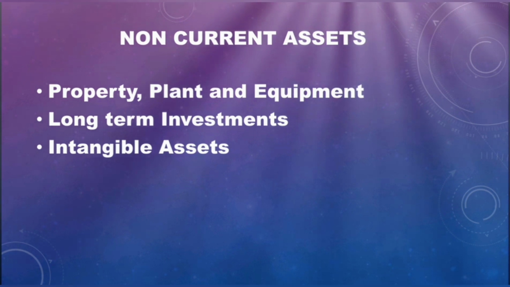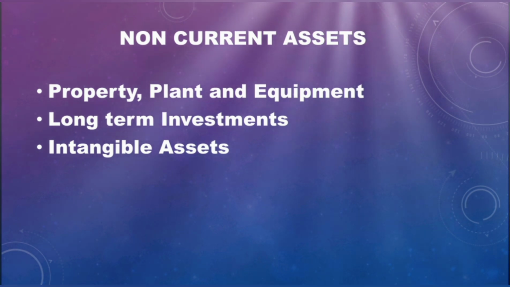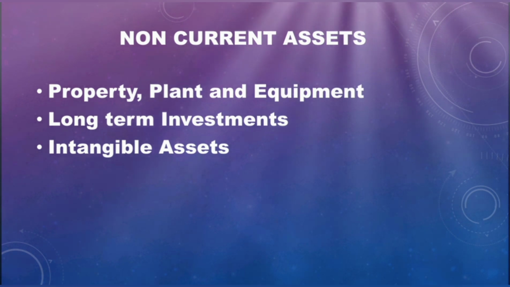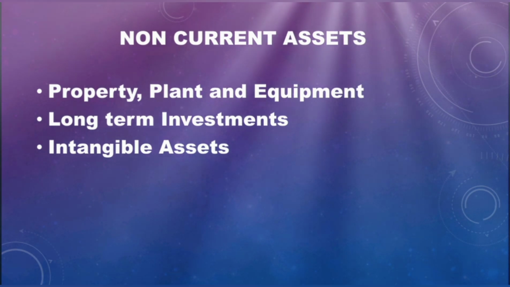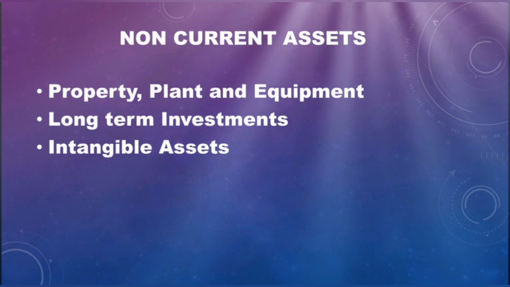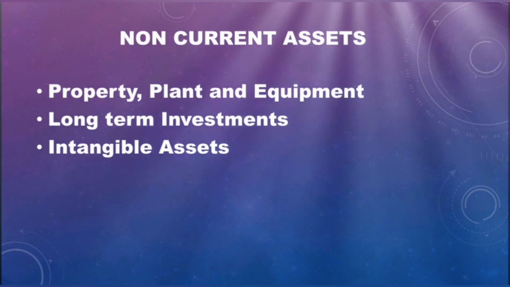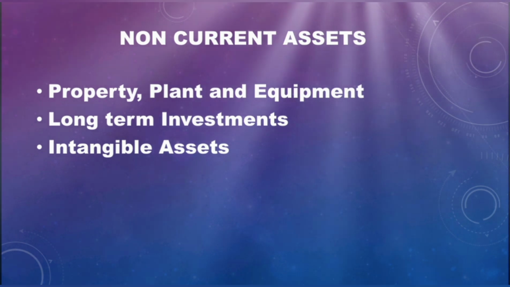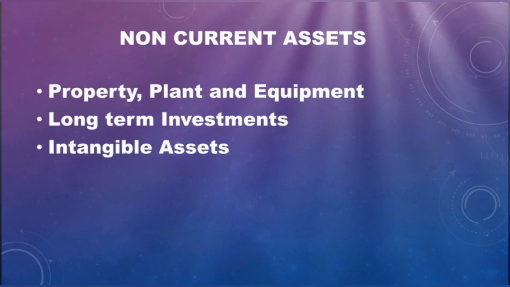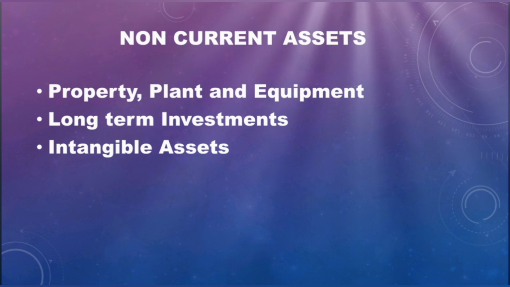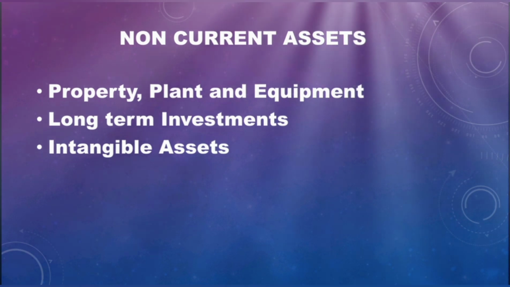Long-term investments are investments made by the company for long-term purposes. Intangible assets are assets without a physical substance, for example, franchise and copyright. So those are accounts that belong to non-current assets.